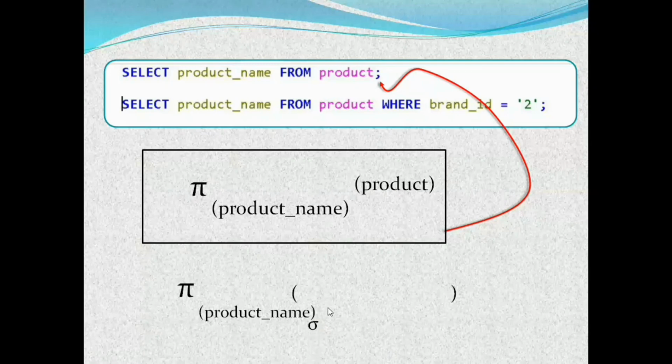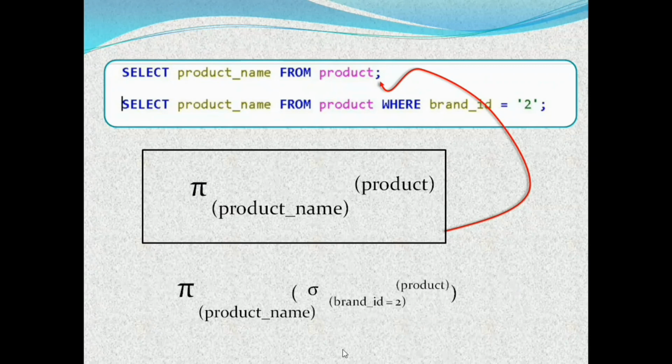So let's get the sigma mark on here, and brand ID equals to 2. Yeah, I need to change that. Now I changed that. I just made a mistake. So brand ID equals to, so you can see we get that condition, and now we can get these things from our product table. Okay. Now this is the complete query.